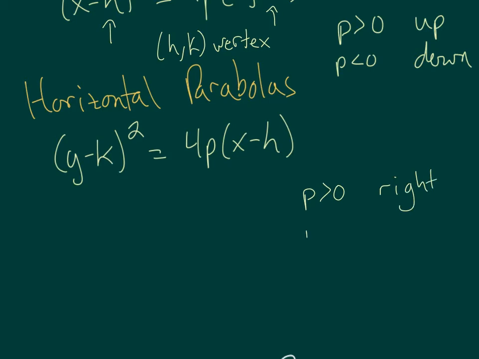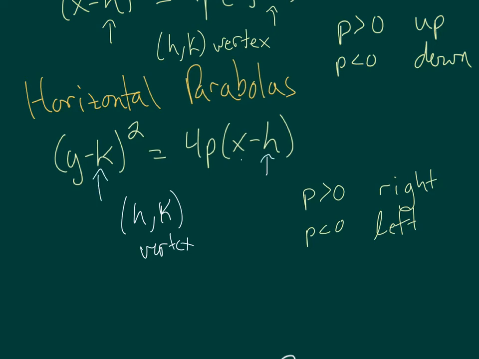If p is less than 0, it opens to the left. Something interesting to note is that my x is on the right hand side, but we still use the vertex h, k, the opposite of h and the opposite of k.